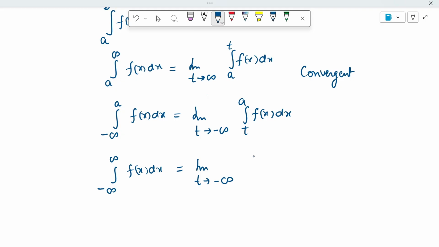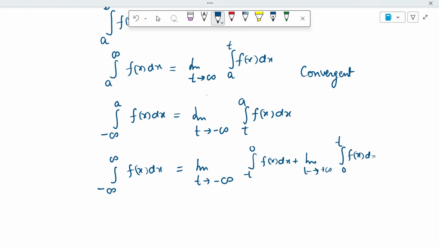Suppose this point is 0, and we will write t to 0 f(x) dx plus limit t tends to plus infinity and 0 to t f(x) dx.